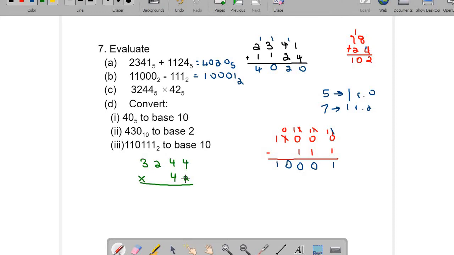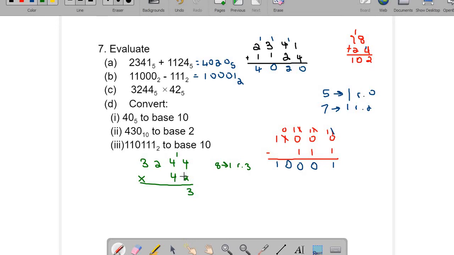Okay, so 4 times 2 is 8, but remember we cannot write 8 because we're working in base 5. So just like before, we're going to convert that to base 5 and find out how many groups of 5 we can get from this number. Okay, so it's one group of 5 and remainder 3. So we're going to put down the remainder and carry that 1 to the next place value.